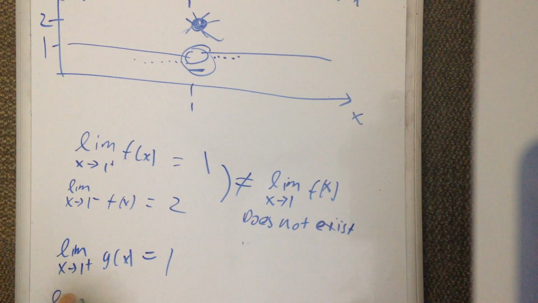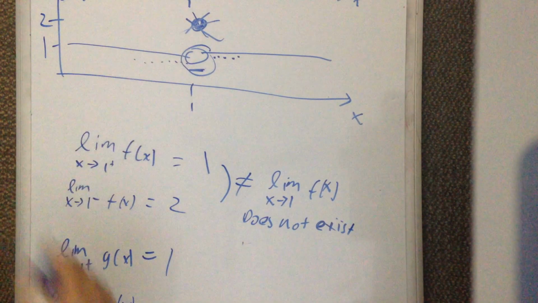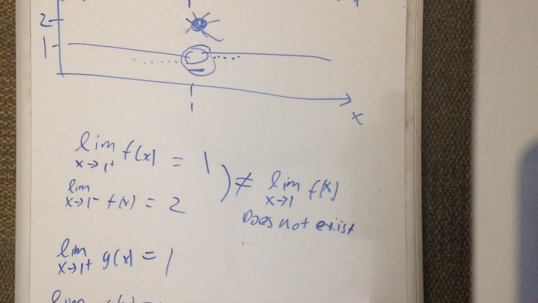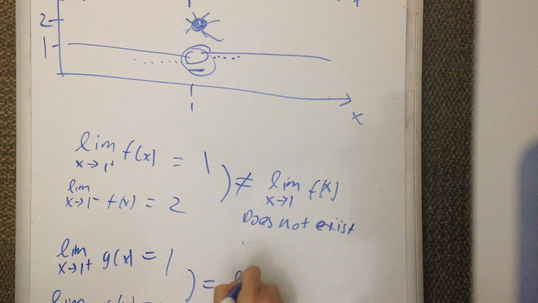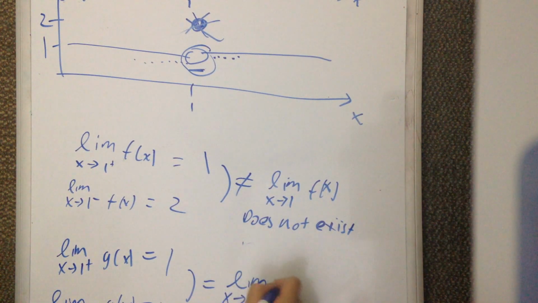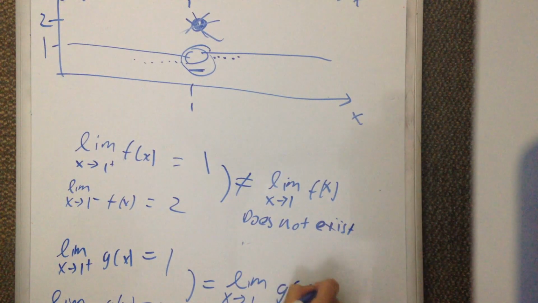Let's do the same thing for the negative side. Do we get 1 again? Let's walk along this curve. Oh, we get 1. And since they are equal, they equal the limit of the entire function, and that's when there's no script on this thing, and that would be equal to 1.